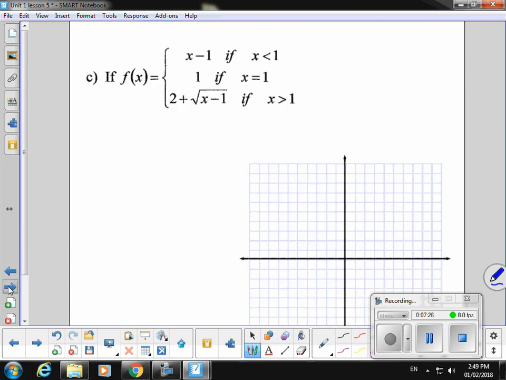we're looking at a piecewise function. Let's draw it. So I'm going to do the easiest first. The value of the function is 1 when x equals 1. The function is a line with a y-intercept of -1 when x is less than 1.